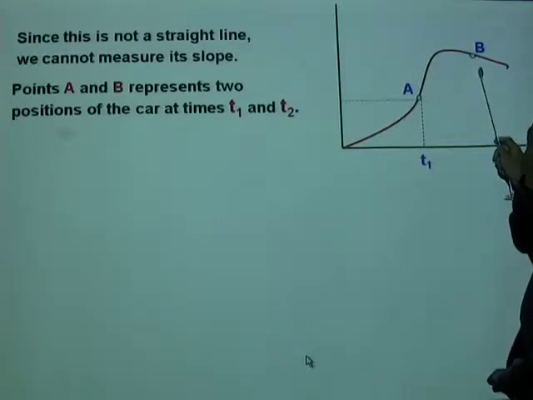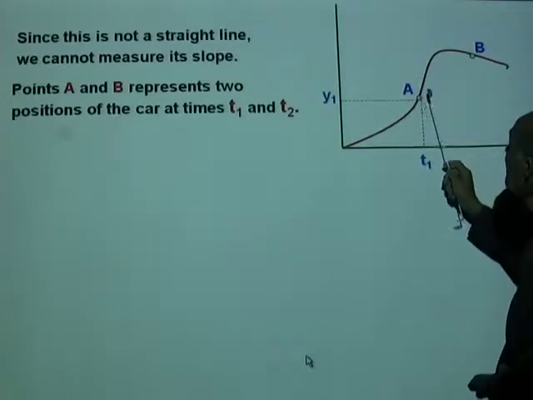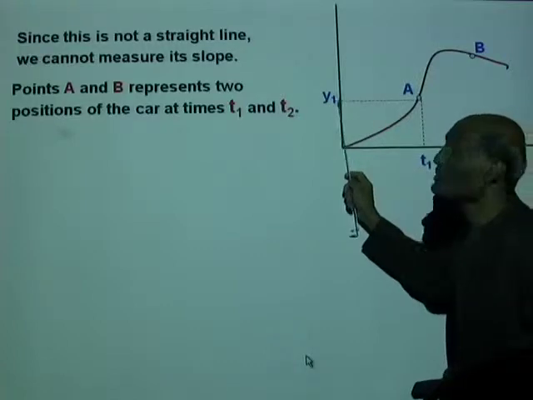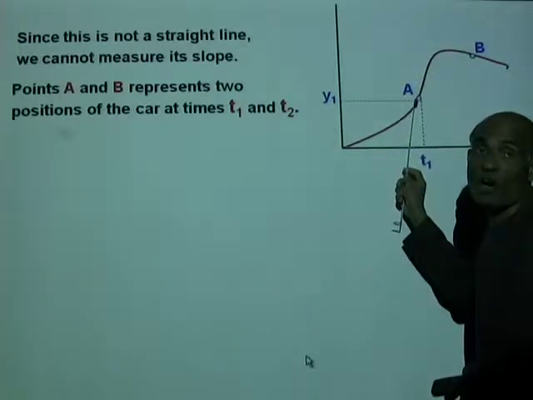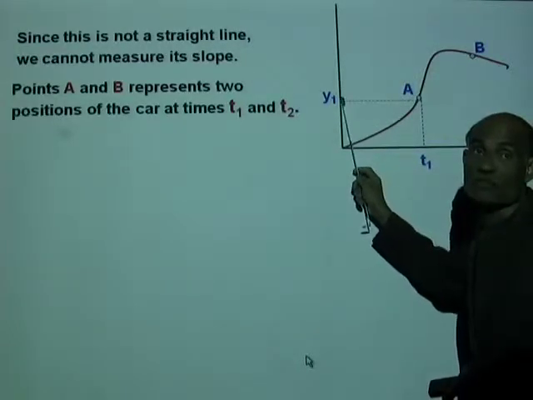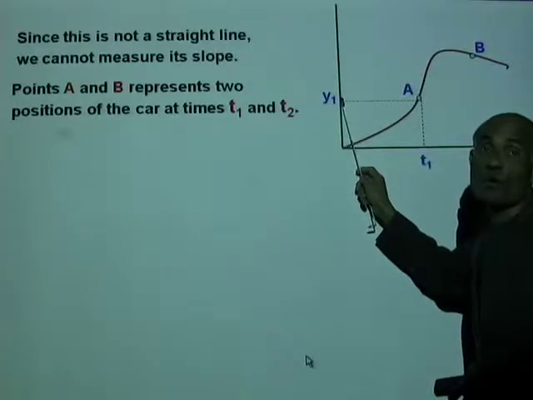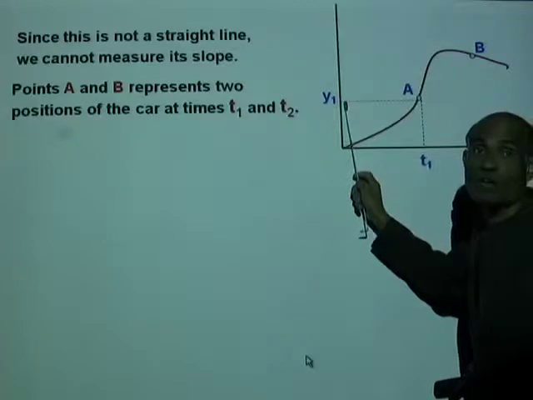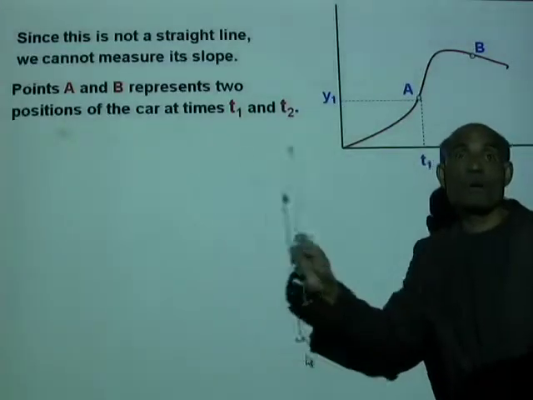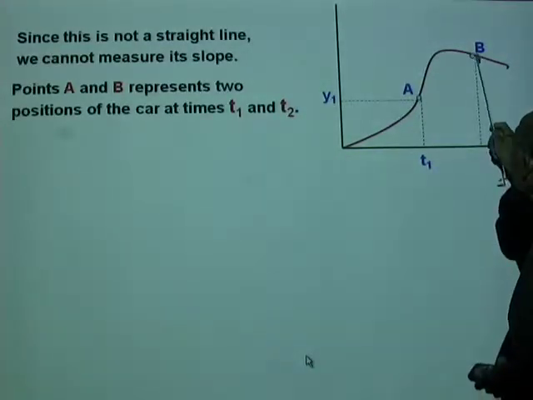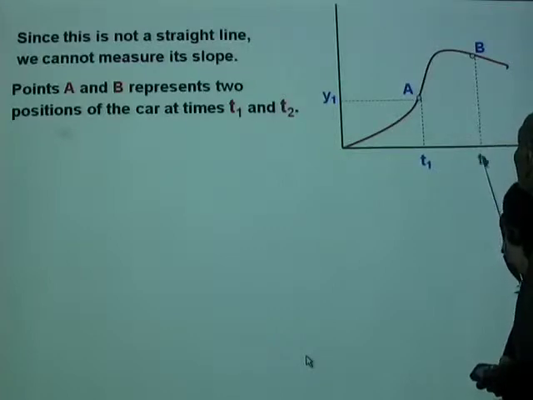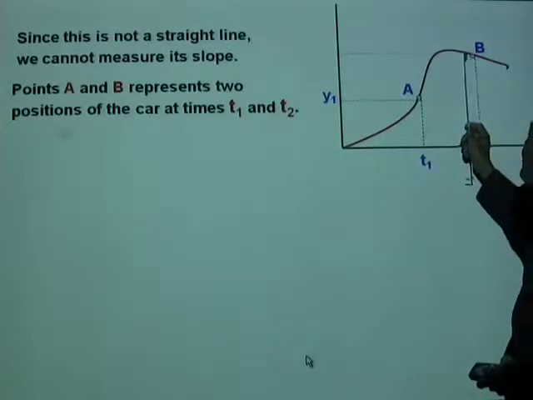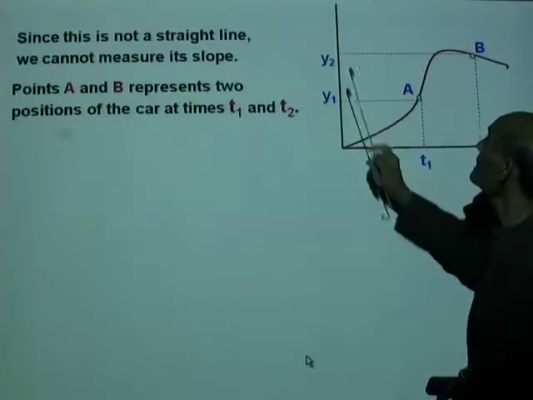When the car is at point A, the position we call y1. That means at time t1, the car is at position y1. And the car is at B at time t2, and the position we will say is y2.